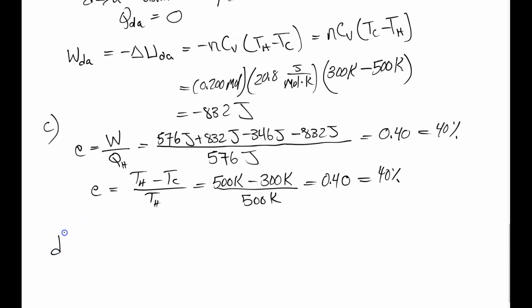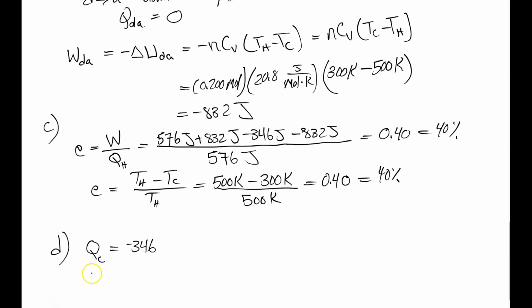For part D, it's asking us if we rerun this cycle backwards, what is the coefficient of performance for the refrigerator. So if this is run backwards, the values will not change, but whether heat is coming in or leaving will change.